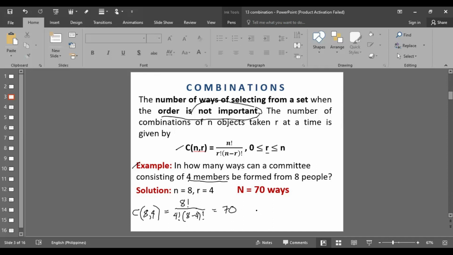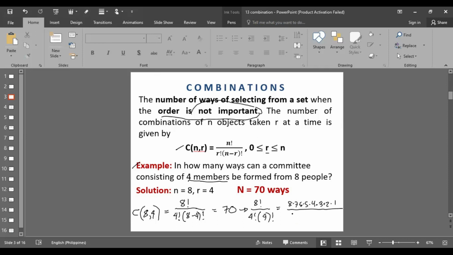Okay, ma'am, how are we going to compute that in a step-by-step procedure? So here it is. We have 8 factorial over 4 factorial times 8 minus 4 is 4, 4 factorial equals, expand 8 factorial. We have 8 times 7 times 6 times 5 times 4 times 3 times 2 times 1.